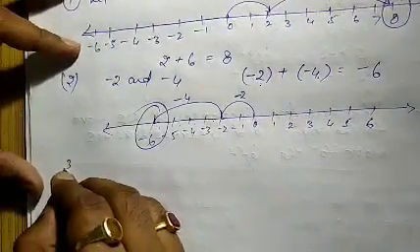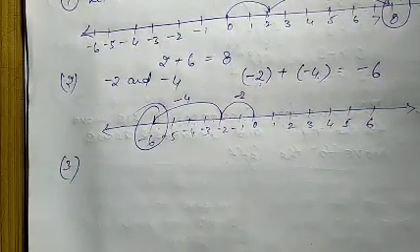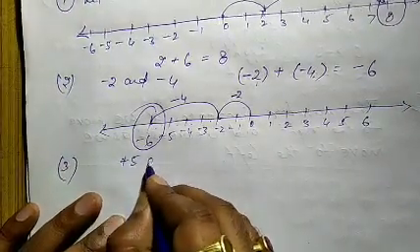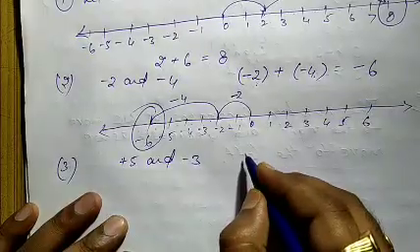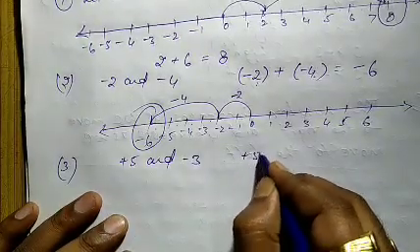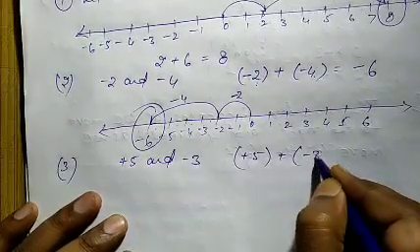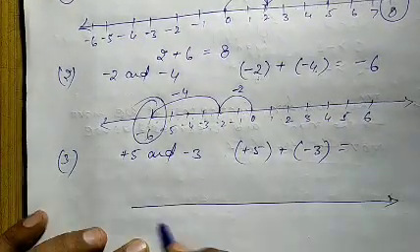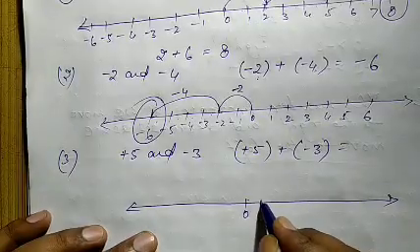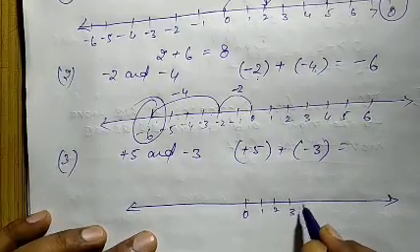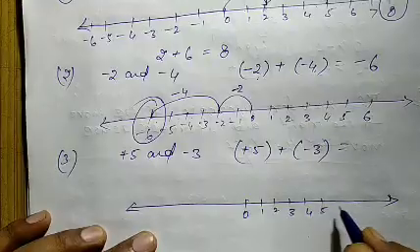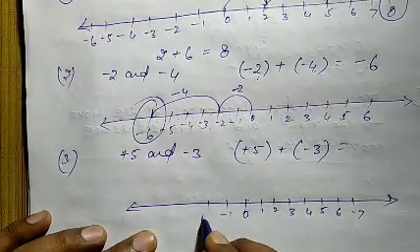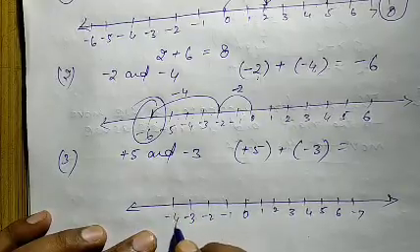Now the third one, suppose you have to add +5 and -3. See what we will get. 0, 1, 2, 3, 4, 5, 6 and 7, -1, -2, -3, -4, -5.